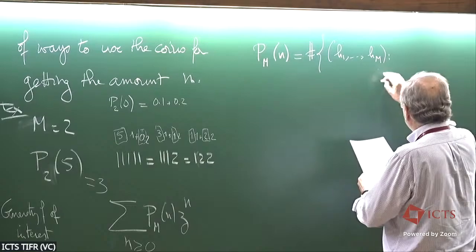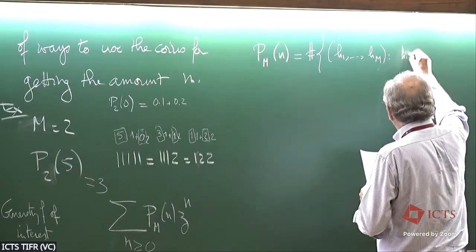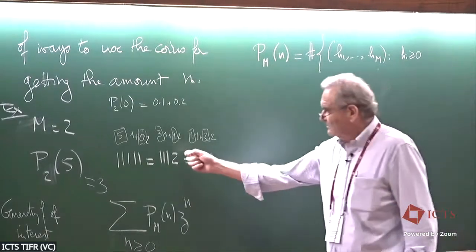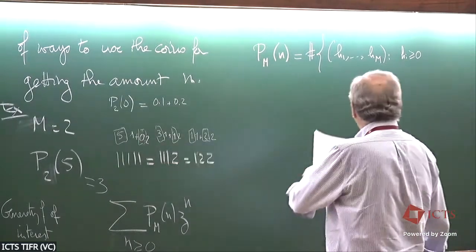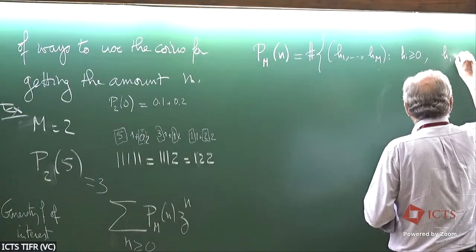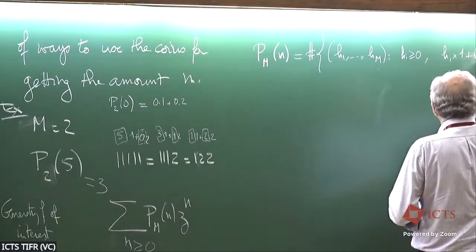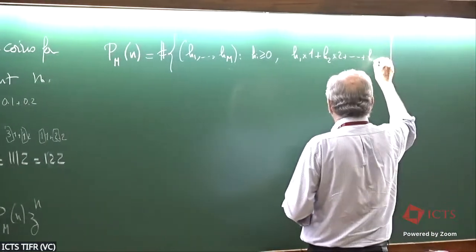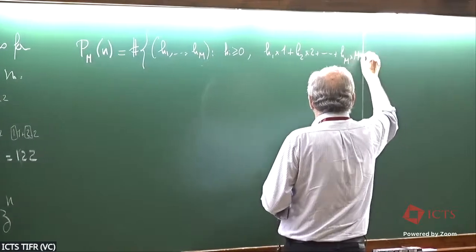We say that the hi are all non-negative, and what is important is that h1 times 1 plus h2 times 2 plus and so on plus hm times m is equal to n.